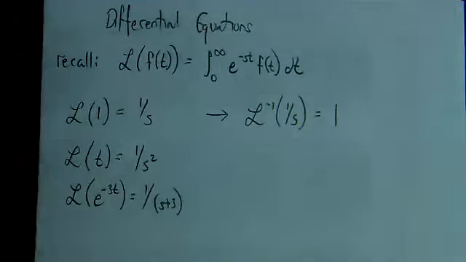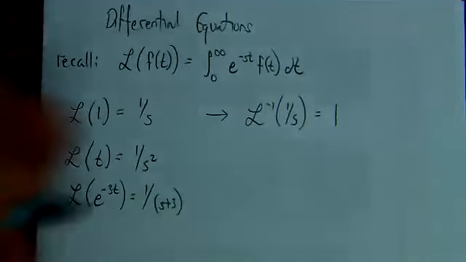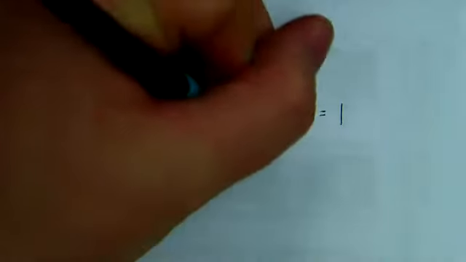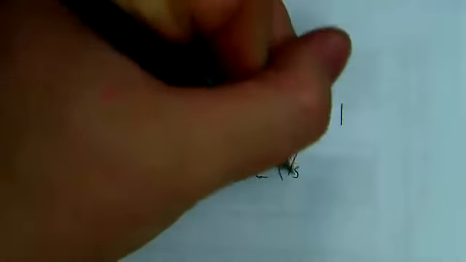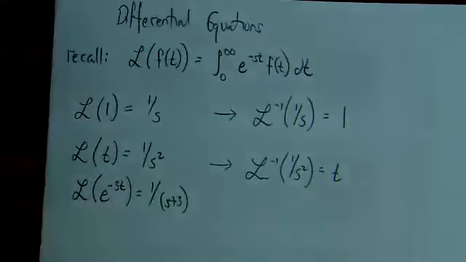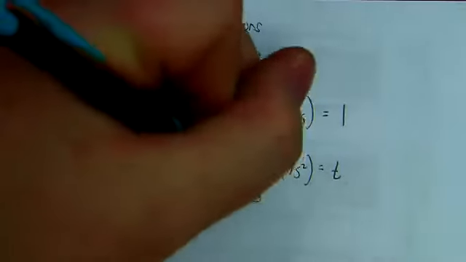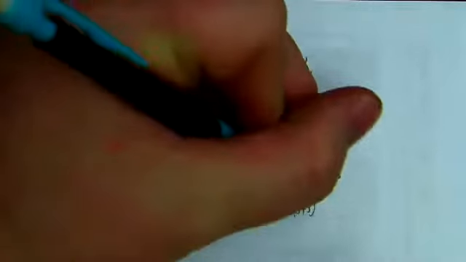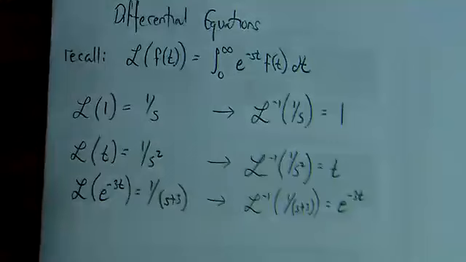And in this way, we're going to define the inverse Laplace transform. The inverse Laplace transform is going to be our way of going from s space back to t space. So the inverse Laplace transform of 1 over s squared is t. And the inverse Laplace transform of 1 over the quantity s plus 3 is e to the negative 3t.